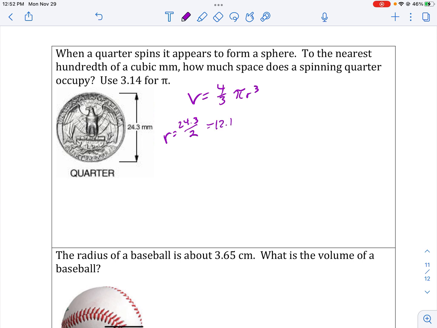I get 12.15. And now I'm going to substitute that number in for r. So I get 4/3, and it said to use 3.14 for pi. I will do that last.